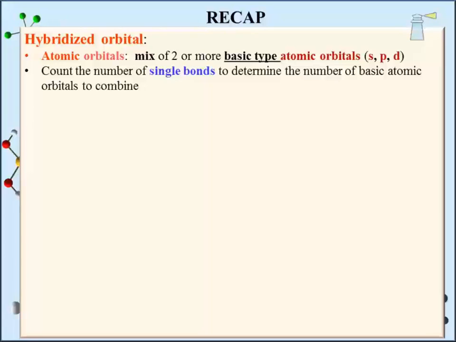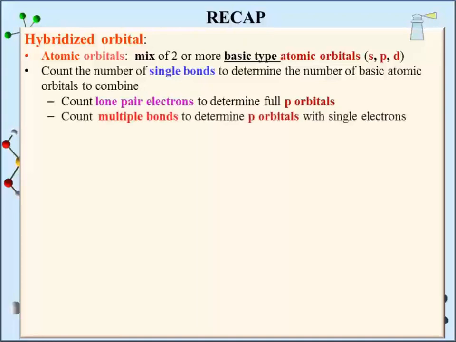While this rule of thumb is generally sufficient understanding, for completion's sake, we also covered counting lone pair electrons on the central atom. That gives the number of p orbitals that are full. And counting the number of multiple bonds around the central atom, that gives the number of p orbitals with single unpaired electrons.